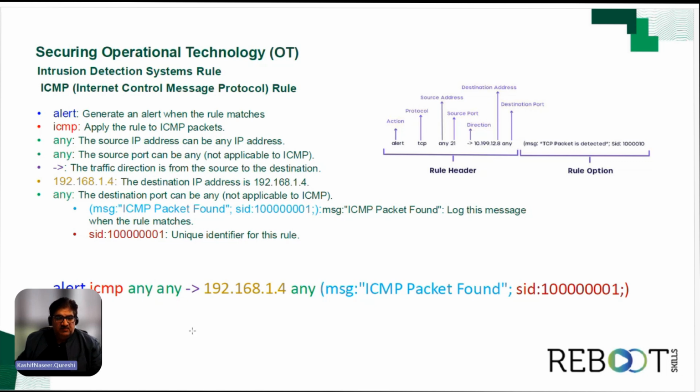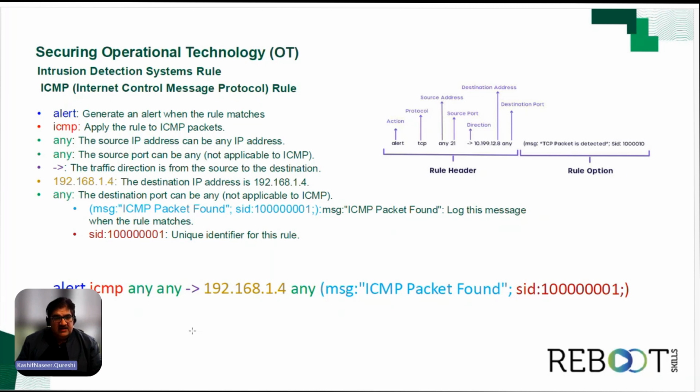And then we have ICMP, because the rule applies to ICMP packets and specifies that the rule is concerned with ICMP traffic, such as ping requests and replies. So we need to add the protocol here. So this is the protocol section.